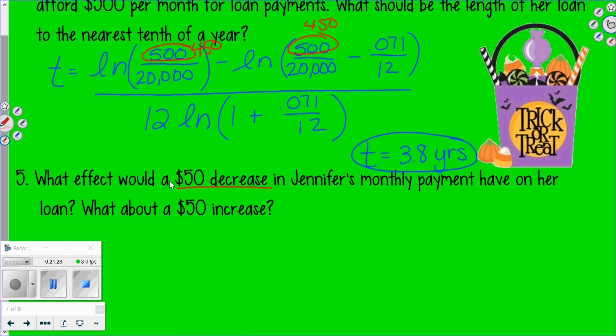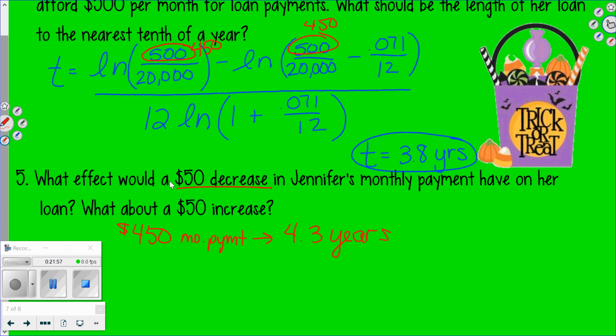So again, hopefully you're getting more and more comfortable with your calculators. You can just go back and change that to 450. So a 450 monthly payment would change it to 4.3 years.